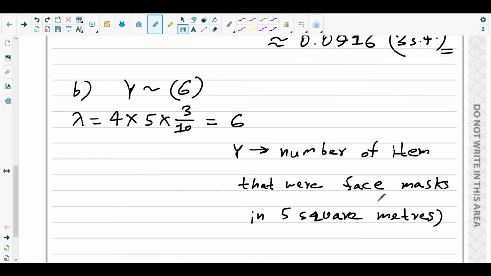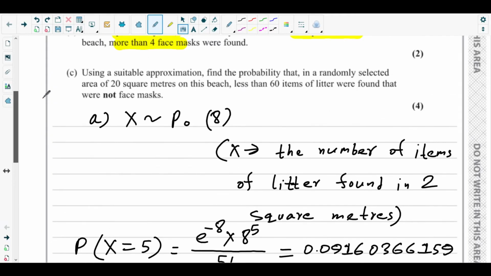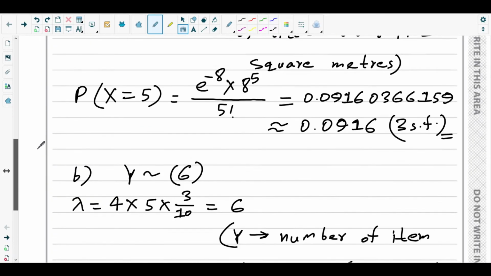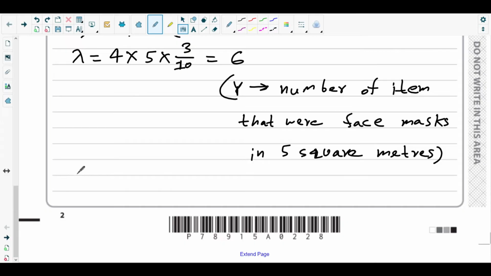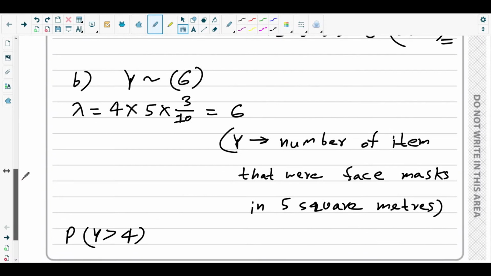Okay, fine. Now we need to find out the probability of more than 4, that is, the probability of y greater than 4.